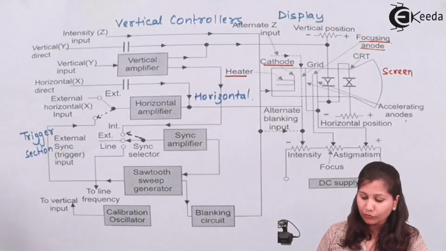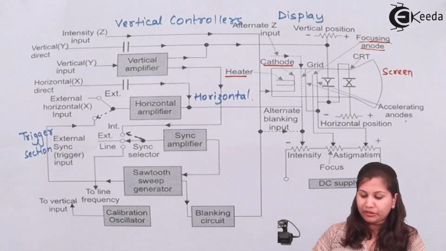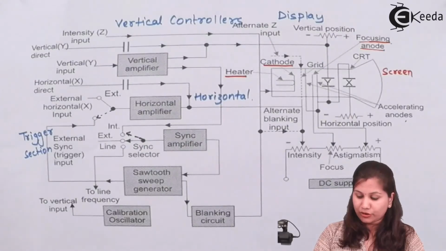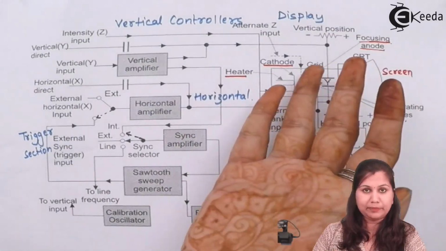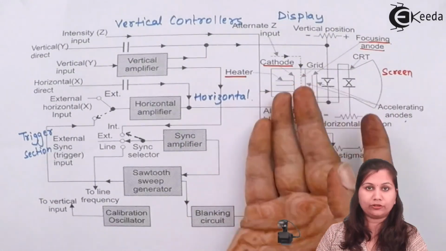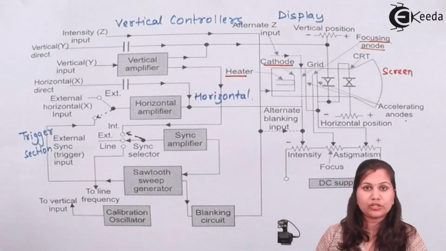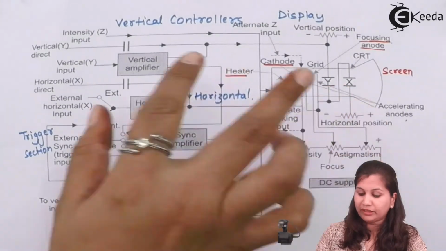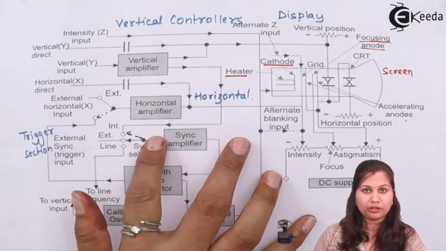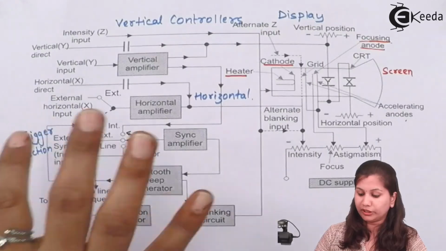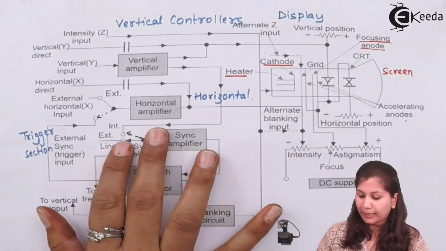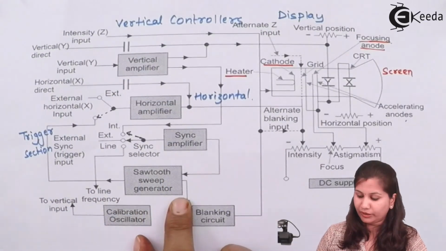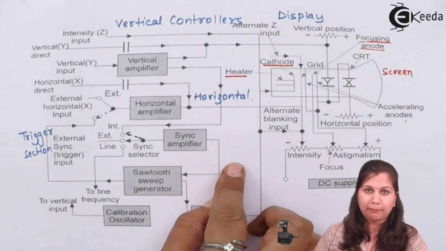In this block diagram, we studied that there are various sections. We have the display section, which consists of the cathode ray tube, displaying the input waveform. Then we have the vertical and horizontal controllers, which include the vertical amplifier, horizontal amplifier, sawtooth sweep generator, and synchronization amplifier.